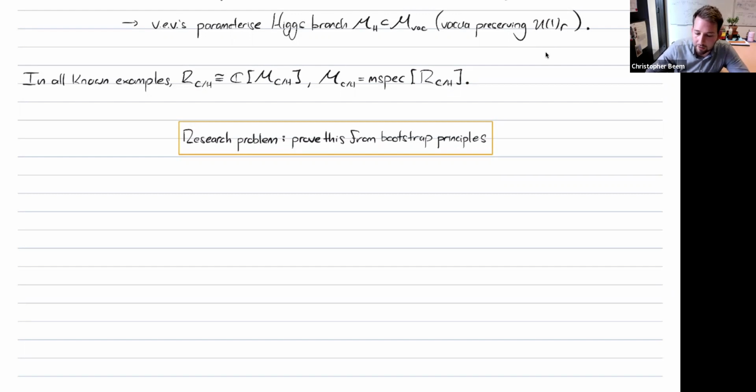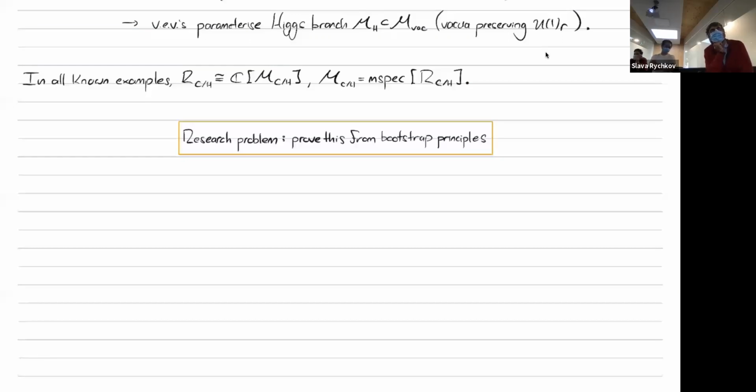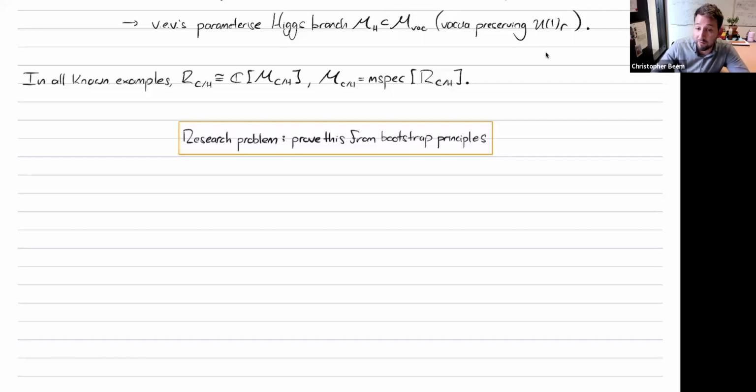This is a statement about the set of operators that you get by taking products of these B hats, and the set of operators you get by taking products of these epsilons. And this is a conjecture that follows from this general belief about the connection between these rings and the moduli space of vacua, but it hasn't been demonstrated on Bootstrap grounds. Okay. Thanks.